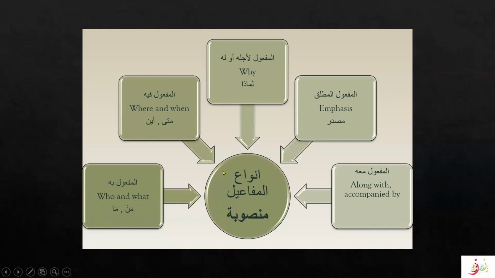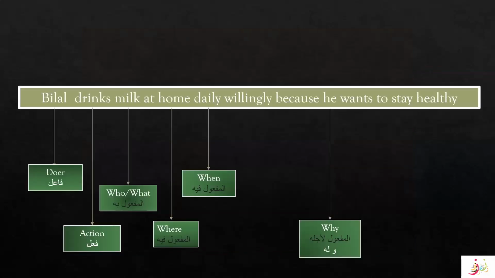These are the details after fa'il and fi'l. We have a maf'ul, and maf'uls are the details of us. So now, as I mentioned, let's talk about the details. Here is a very interesting example which covers almost all of the mafa'il: Bilal drinks milk at home daily, willingly, because he wants to stay healthy.